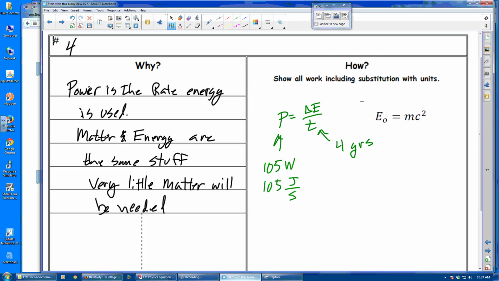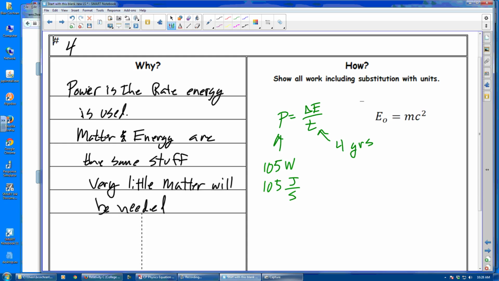So you can do either way, but if you take joules per second and make it equal to years, it's not going to work. You're going to be off unit-wise. You're going to get these really funky units of joule years per second, which makes no sense.